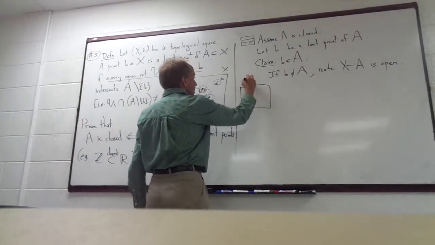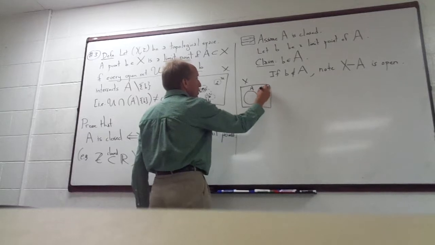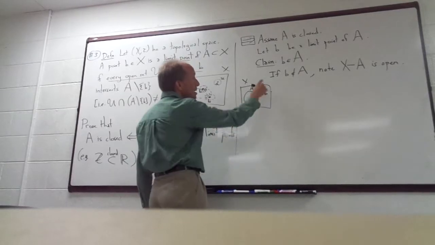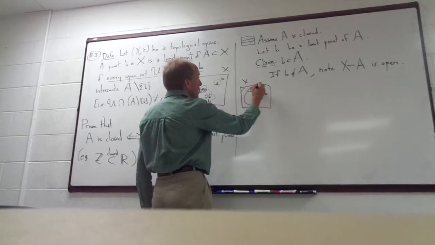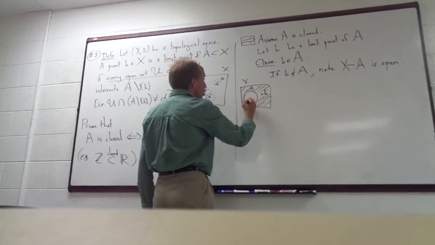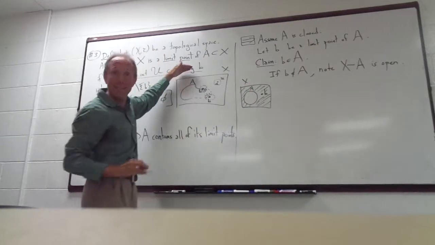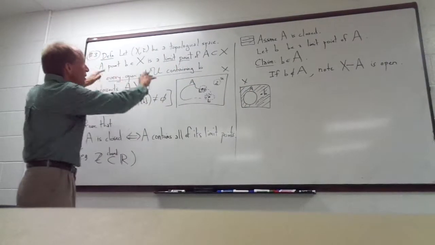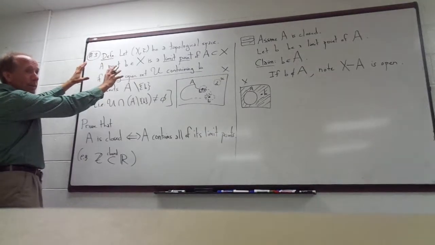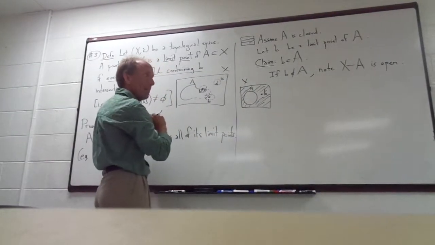Here's X. Here's A. And look at this, guys. B is over here, not in A. So look at that. X minus A, which I'm shading in right here, is an open set containing B, right? So then we can use this assumption. We have an open set that contains B.